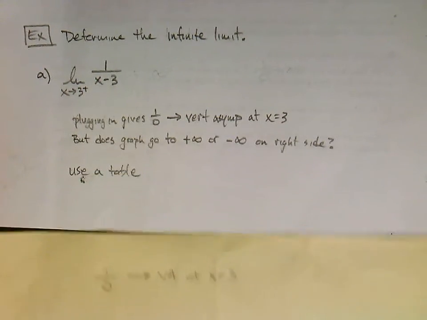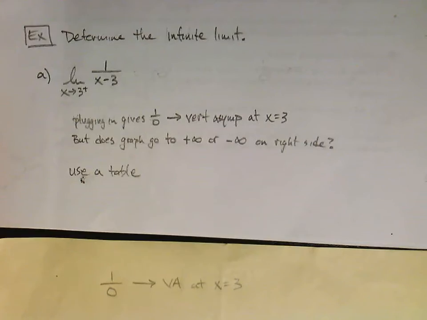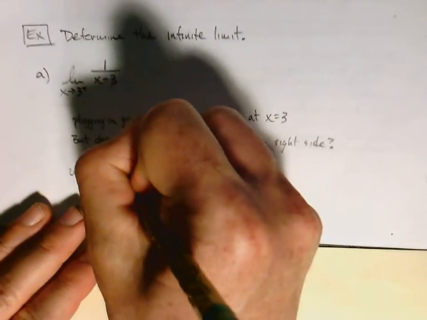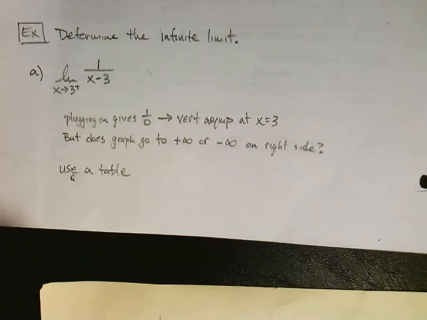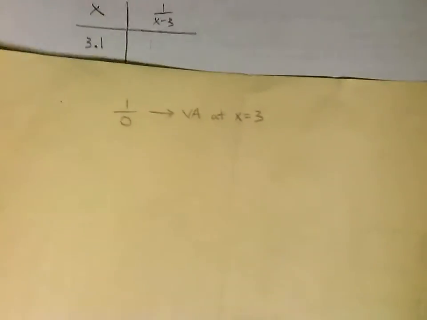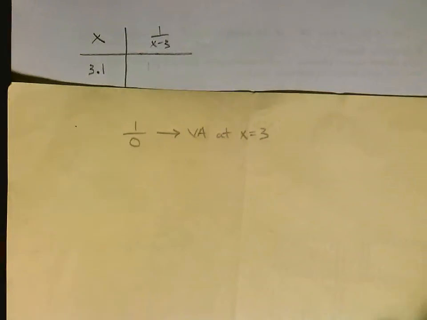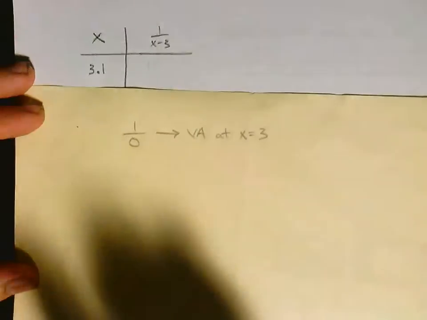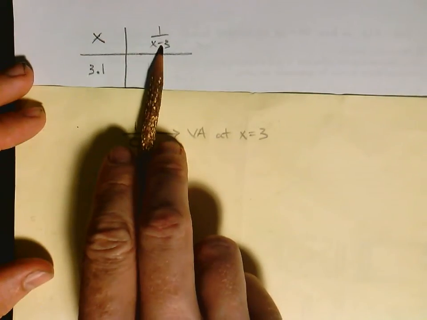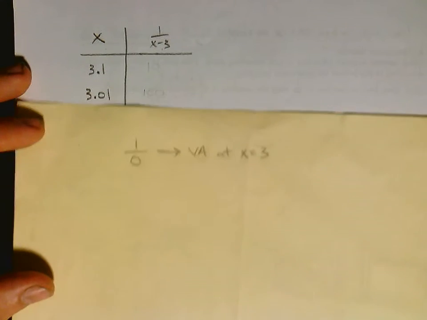Okay, so it looks like we're going to have to go to another piece of paper. The way we're going to go about this is to use a table. So let me explain how that works. We're going to make a table here. So think of two columns, x on one side and our function 1 over x minus 3 on the other.